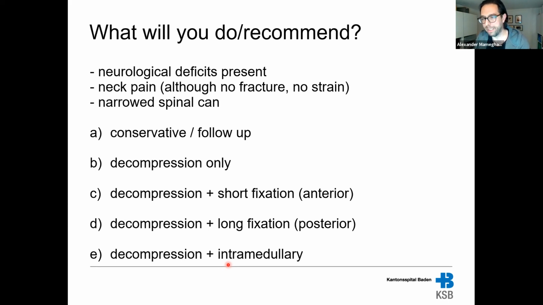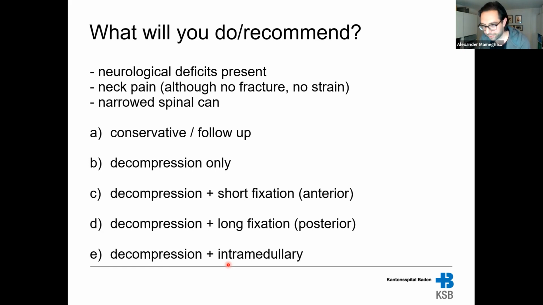I don't want to be tetraplegic. And can you give me a good guarantee that this will not happen again if I just continue living like this? This is really hard to say. No, it doesn't happen only once. So there's likely a high risk that this will happen again.